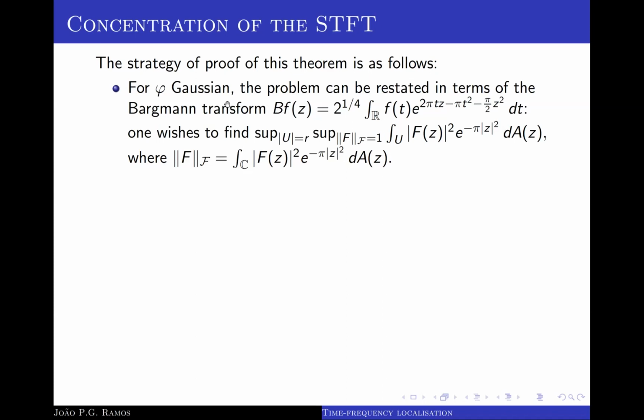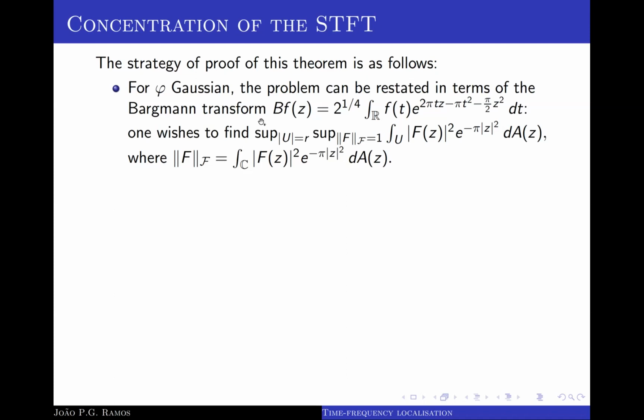Then the short time Fourier transform with phi as a window can be written as a certain modulation times Bf of z times this e to the minus pi |z| squared over 2 factor.